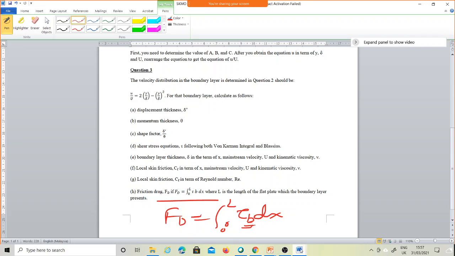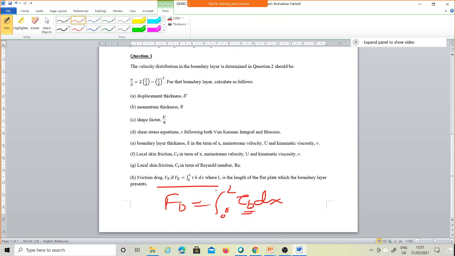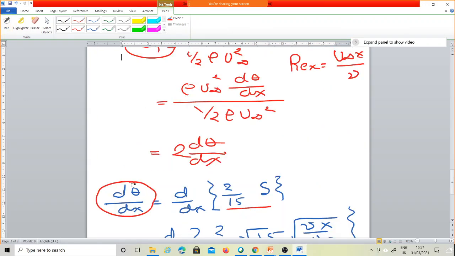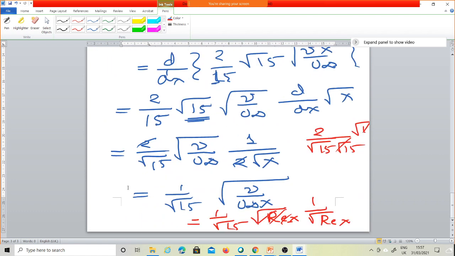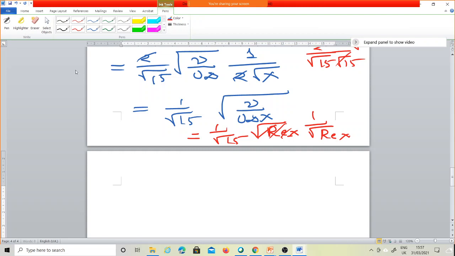So how to solve it? I will upload the guidelines later on, but I don't have the solution. If you have the solution, then you can discuss and check, and then I will cross-check. So we need to find out the frictional drag.